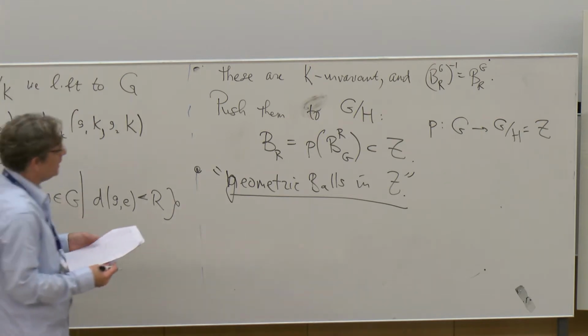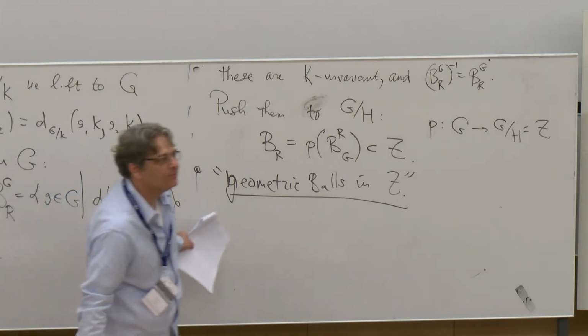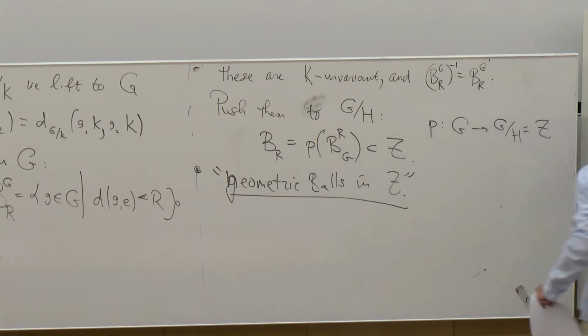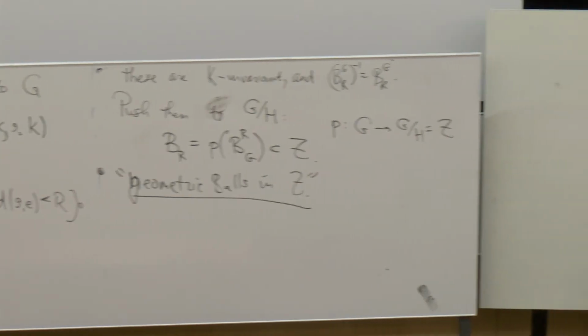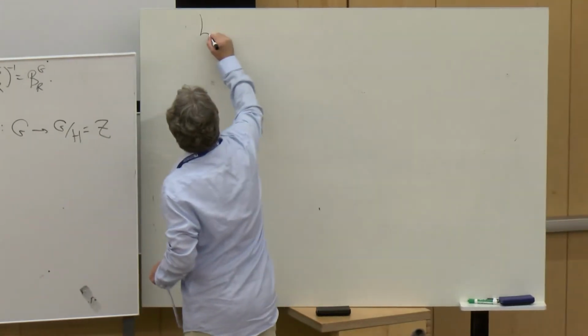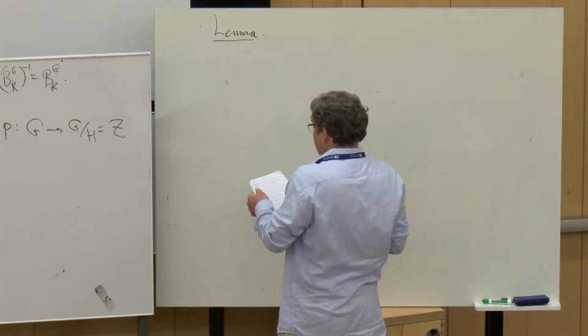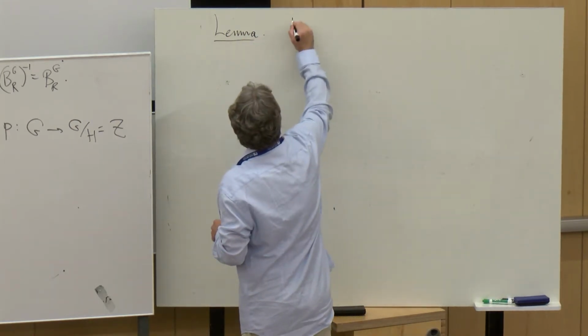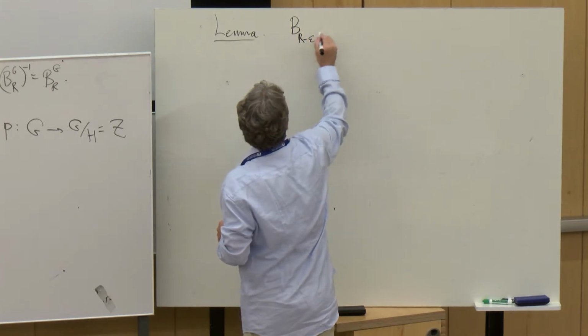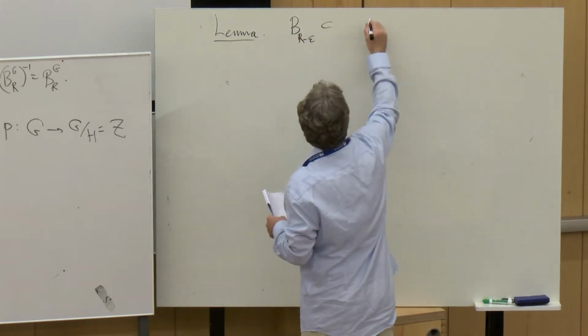Okay. So one property which is kind of nice, and maybe will convince you that these are interesting balls, is the following lemma, which is not difficult, but I formulate it now. What happens when I perturb a ball?